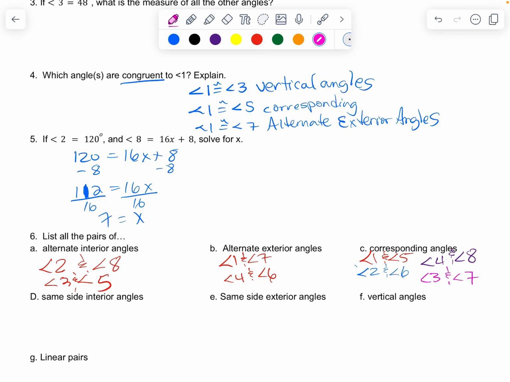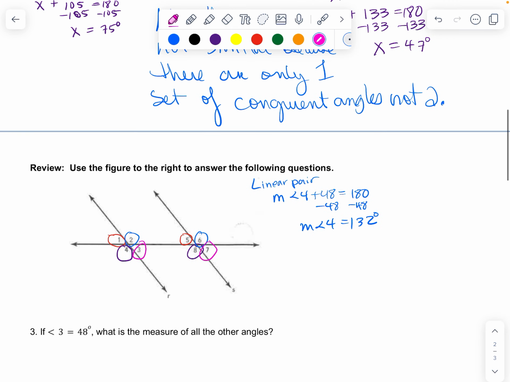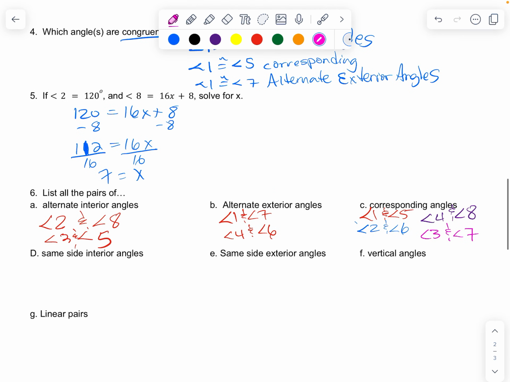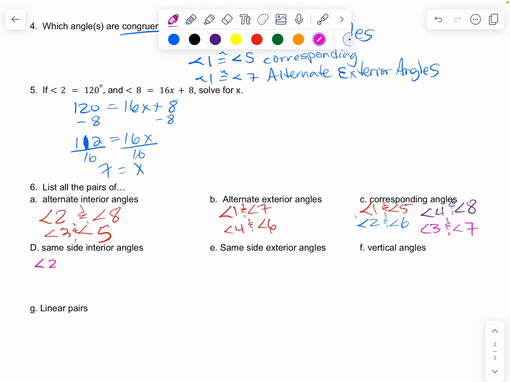Then it says same side interior angles. So they are on the interior and they're on the same side of the transversal. So these two and these two. Angle 2 and angle 5, angle 3 and angle 8.